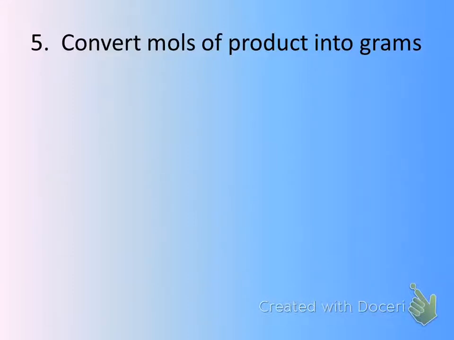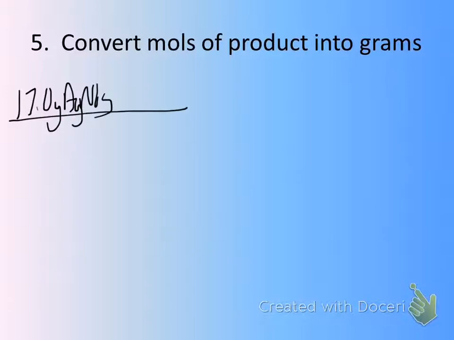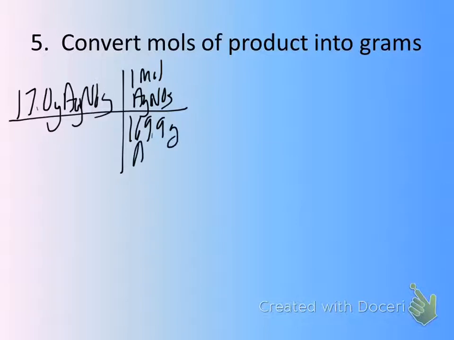So again, our equation, 17.0 grams of silver nitrate, 1 mole of silver nitrate has a mass of 169.9 grams off the periodic table.